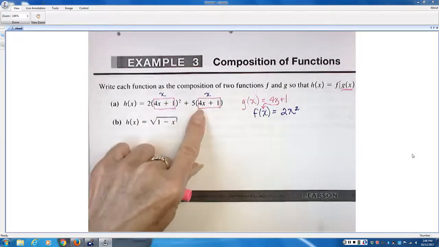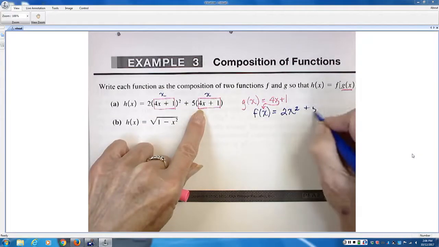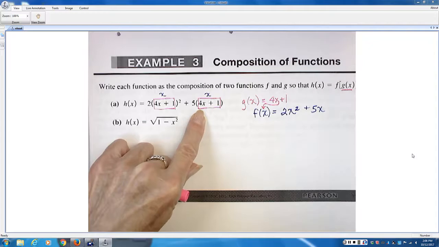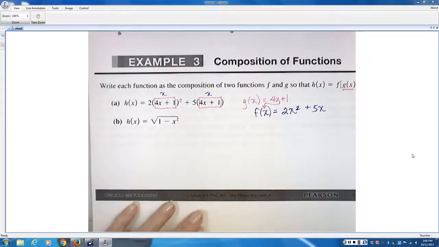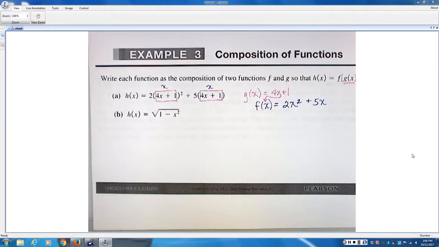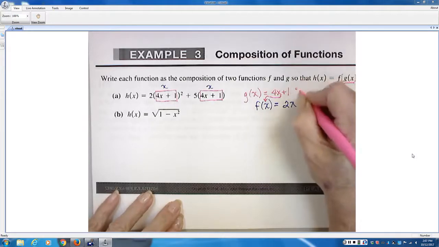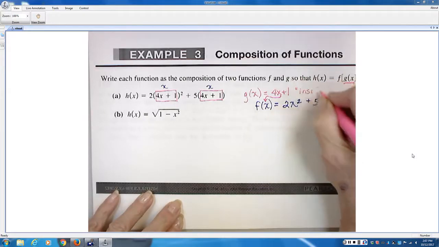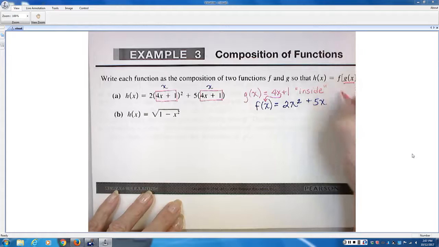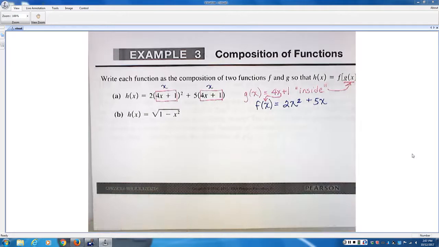And then it adds 5 times whatever the input is. Okay? That is the outside function. That's exactly what it is. So this is your inside function. And f is your outside function.